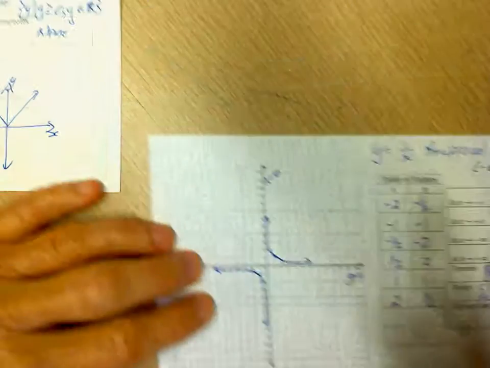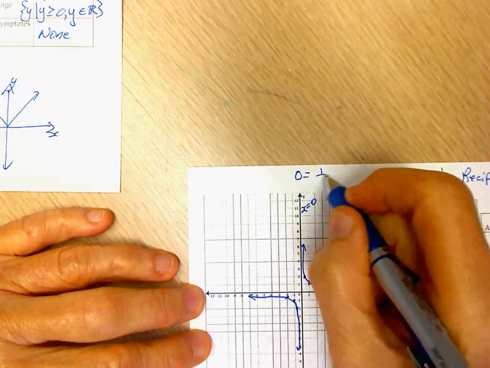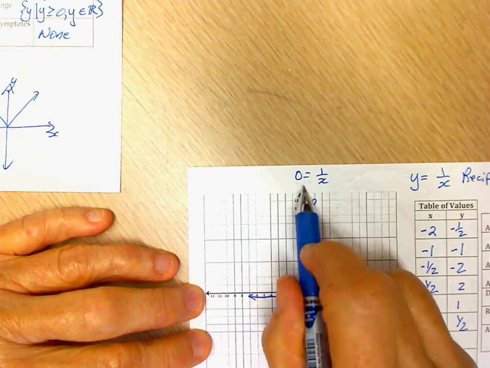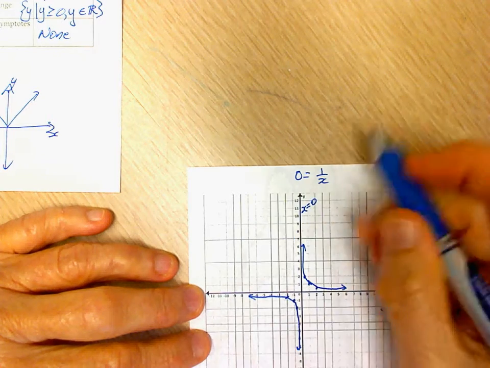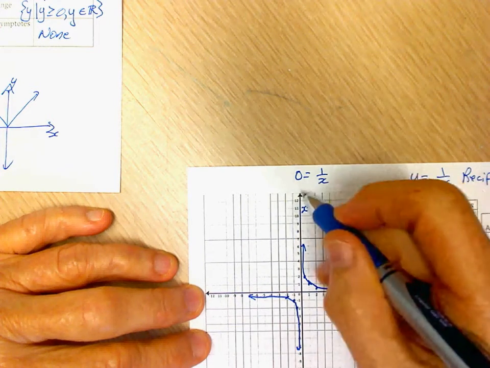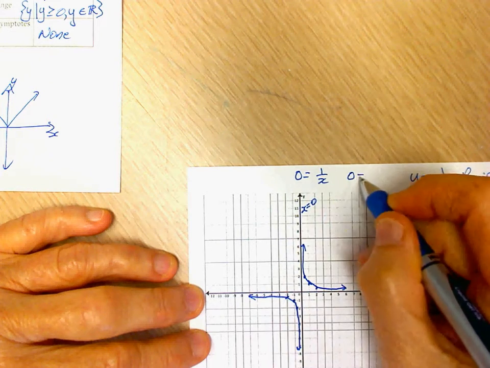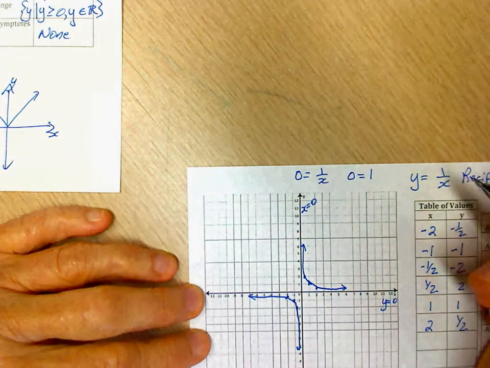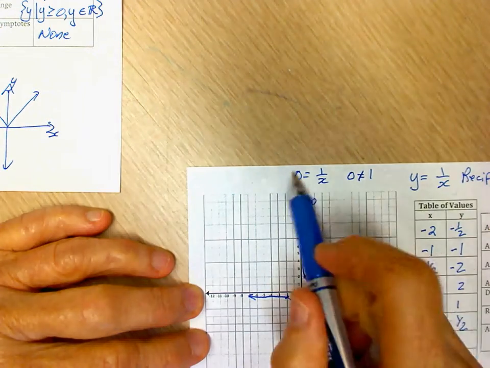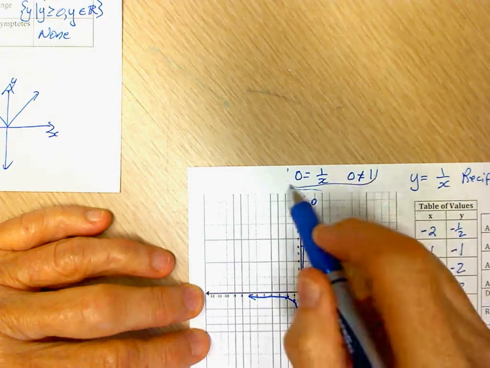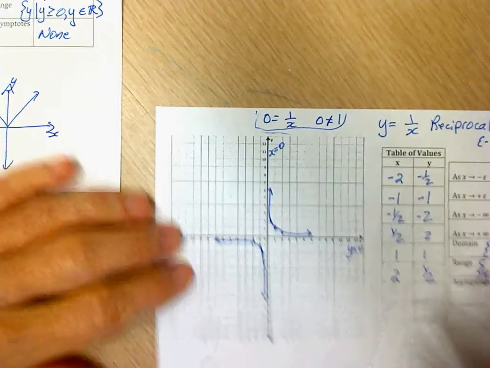Notice if I plug in 0 equals 1 over x, I'm just trying to show you why y can't be 0. If I cross multiply to solve, I get 0 times x is 0, and we're left with 1 on the other side, and you know 0 cannot equal 1. So y cannot be 0. It just doesn't work.